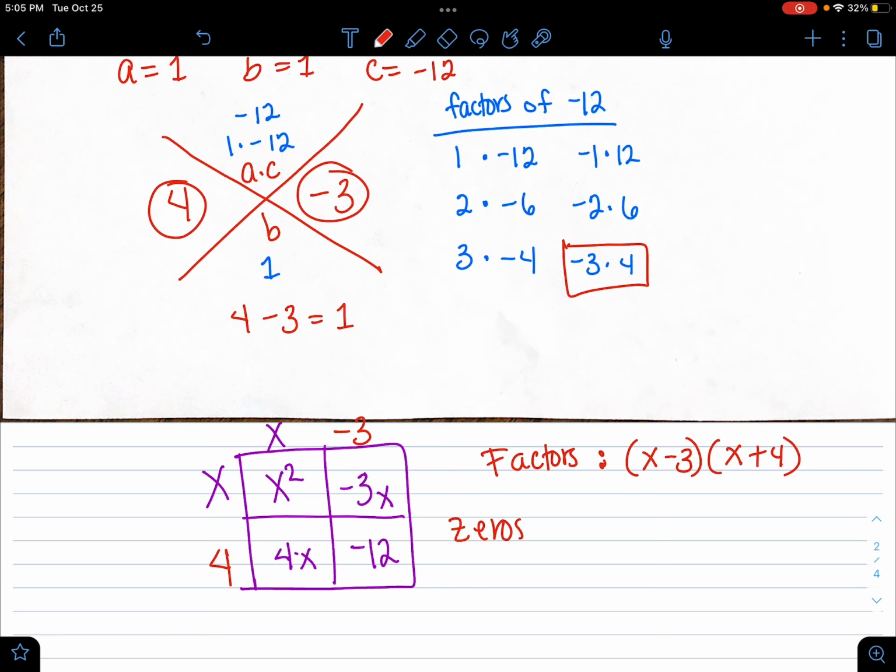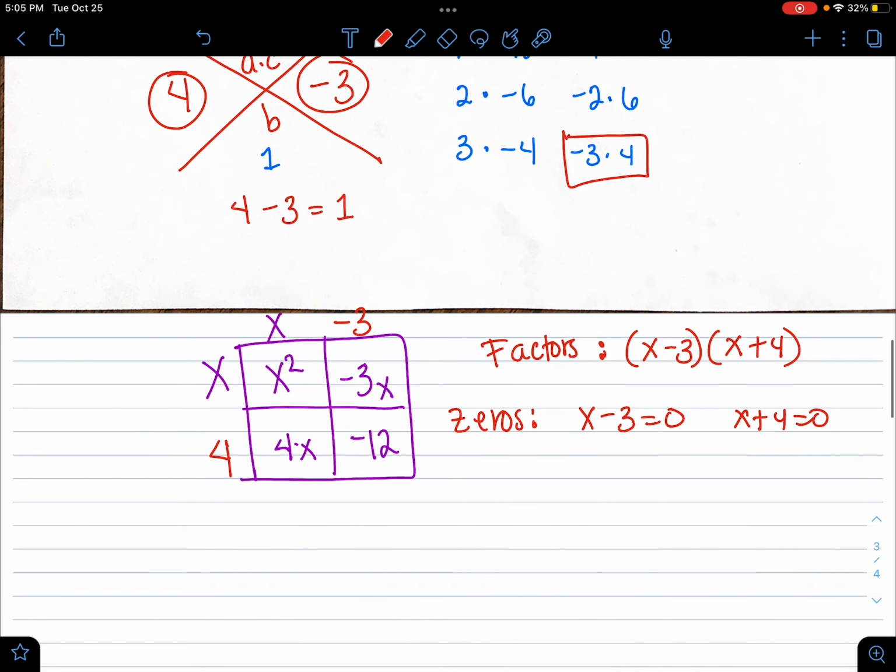And then my zeros, remember we do x minus 3 equals 0, x plus 4 equals 0. We add 3 on both sides. We end up with x equals 3, x equals negative 4.